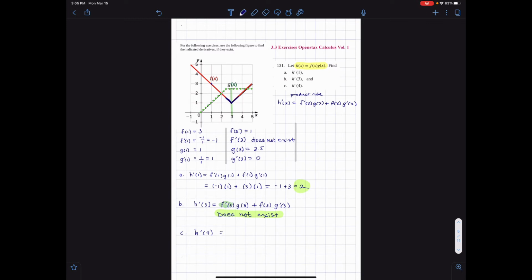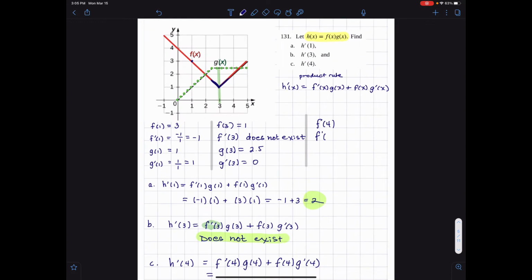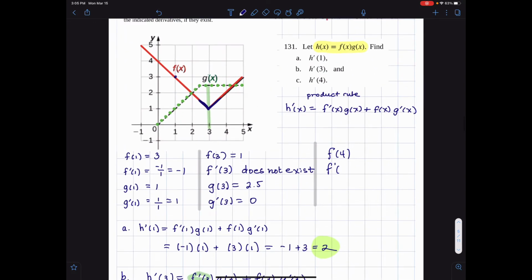So I have f prime of 4, g of 4, plus f of 4, g prime of 4. So I'll just work on all of those. And it's easier if I make this bigger, so let me just go ahead and do that, and I'll come back to writing that stuff below. It's easier to see if I have it bigger.